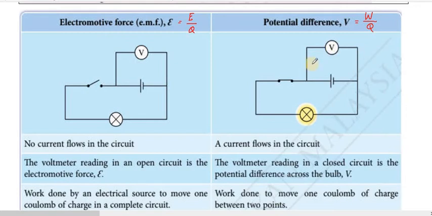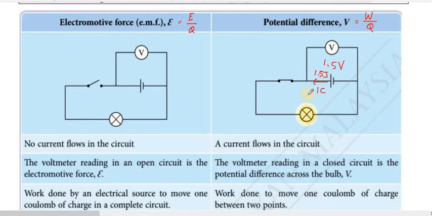So for example, let's look at this example. When we turn on the circuit, let's look at the potential difference. Let's say that this dry cell has an EMF of 1.5 volt. So that means every 1 coulomb of charge that comes out should have 1.5 joule of energy, right?